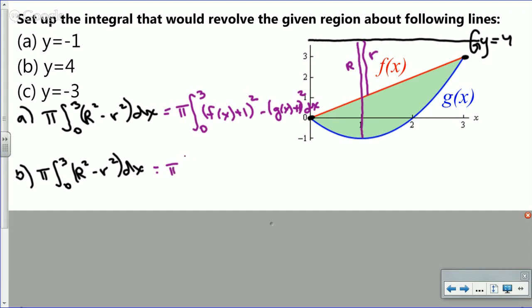So pi times the integral from 0 to 3. Capital R is going to be, now be sure you do top minus bottom and not bottom minus top, although computationally it'll work out either way in this case. But so big R is going to be 4 minus g of x, right?